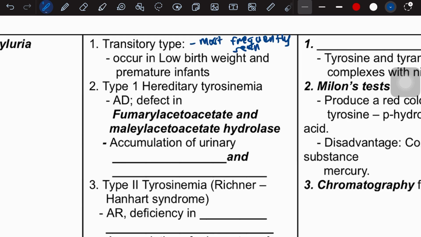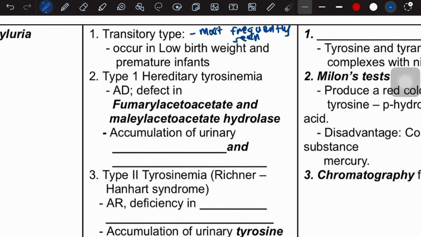Ilang liver is yet underdeveloped. Naa pod tay hereditary disorders which are classified based on the enzymes affected. So, tulo ni siya. Ang naa sa inyuhang notes, we have two, but just write the third one sa space na inyuhang makita ra diha.